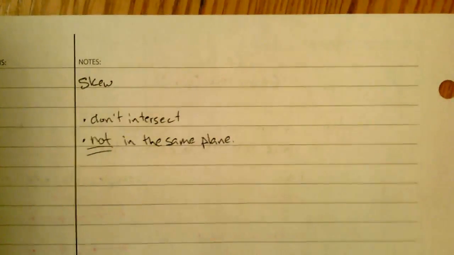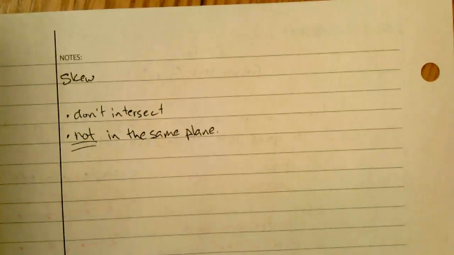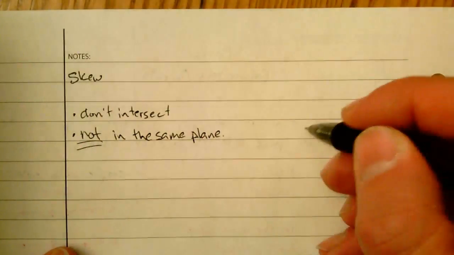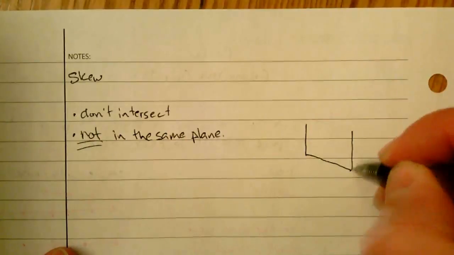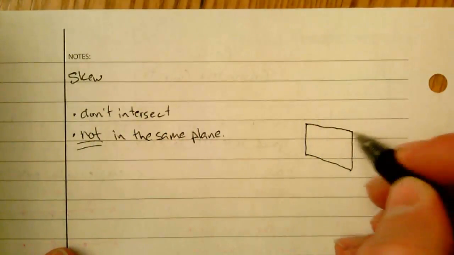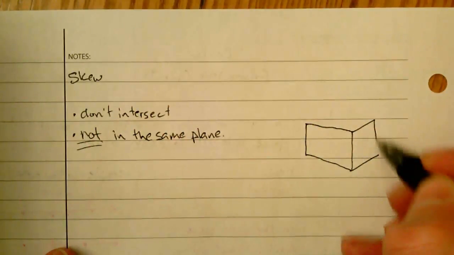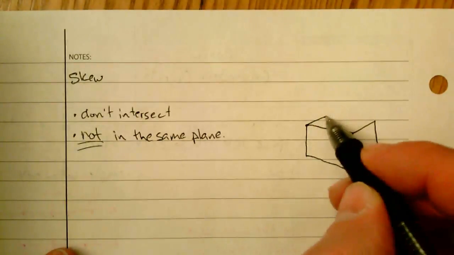So here, and there's no particular notation for skew, you think about like a box, a room perhaps, rectangular, kind of a rectangular prism like this.